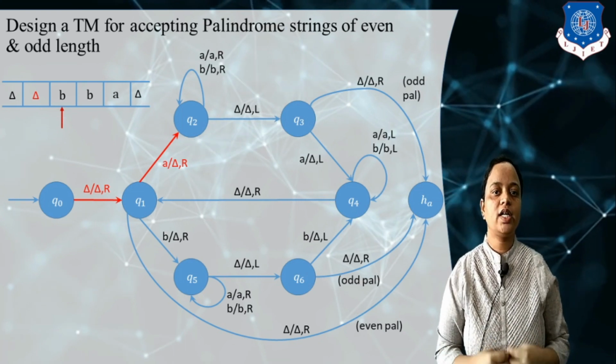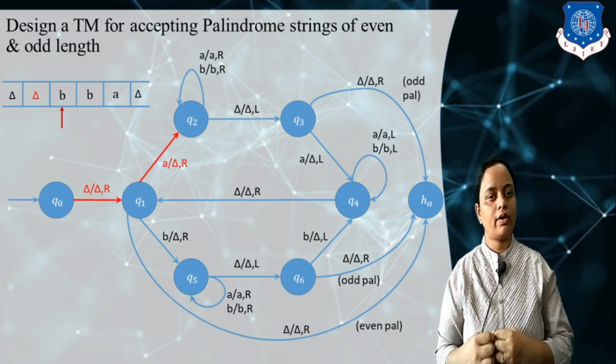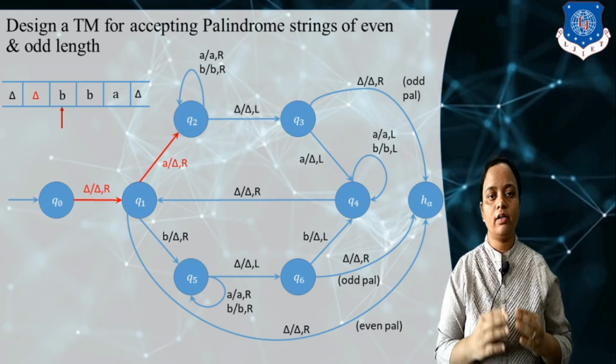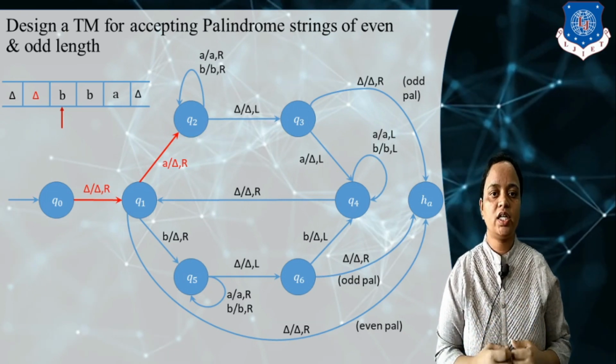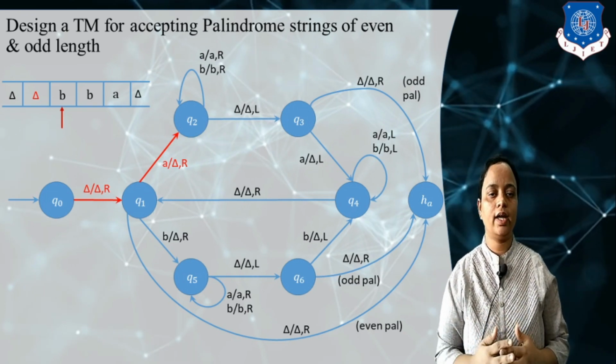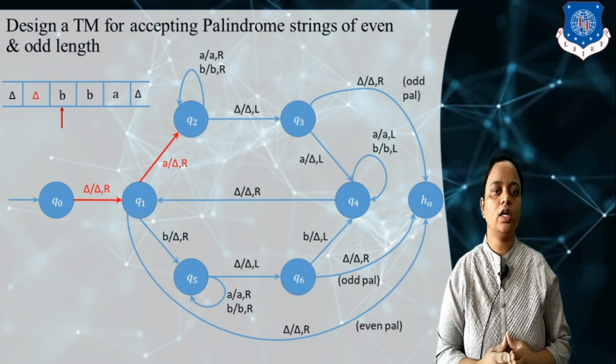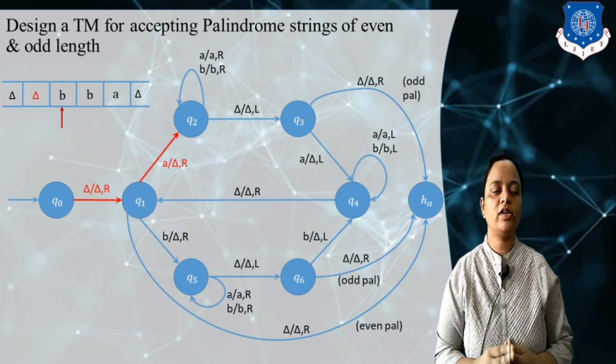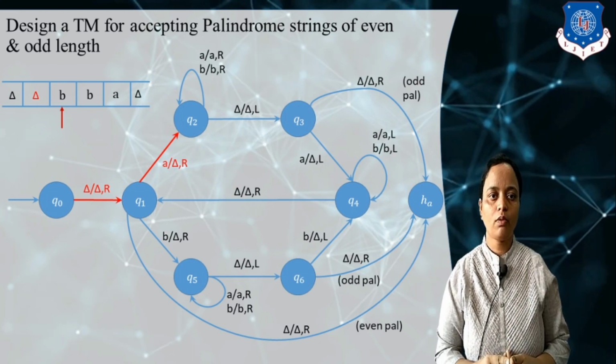Now the Q2 state helps to move right and keep moving right. So here you can see that my tape head is pointing to the small b. Small b is replaced by small b as it is. At this stage we are going to reach the rightmost symbol of the string. How can we reach it?